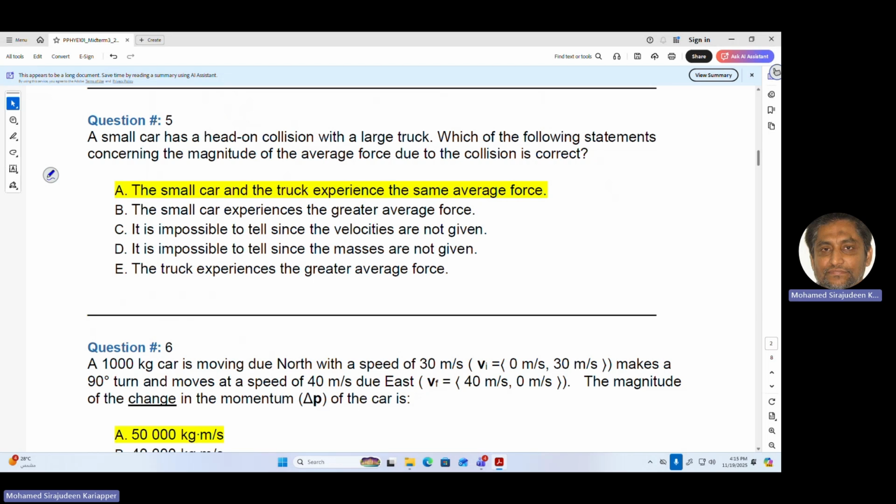But why is the car crushed and the truck has not much damage? That's because, let's say the force is 100,000 Newton. 100,000 Newton is too much for the car, it will break. But 100,000 Newton is not so strong for the truck, it will not break. But the force is the same on both. So you know the answer to that. So we go to the next.